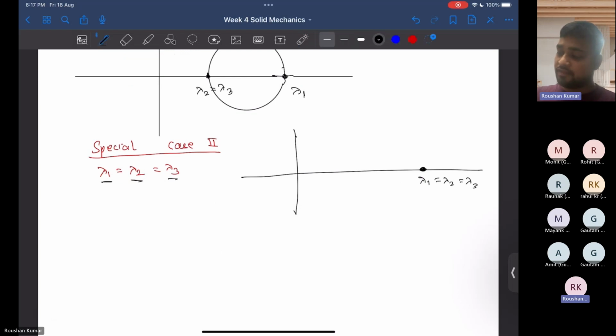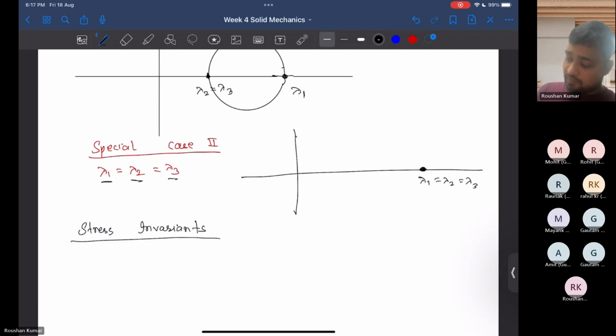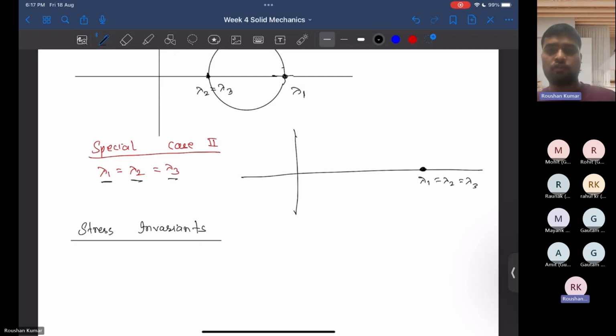Next, covered under lecture number 10, is the stress invariants. As I mentioned earlier, the stress tensor is independent of the coordinate system, but if we write the components of the stress matrix, they are dependent on the coordinate system.